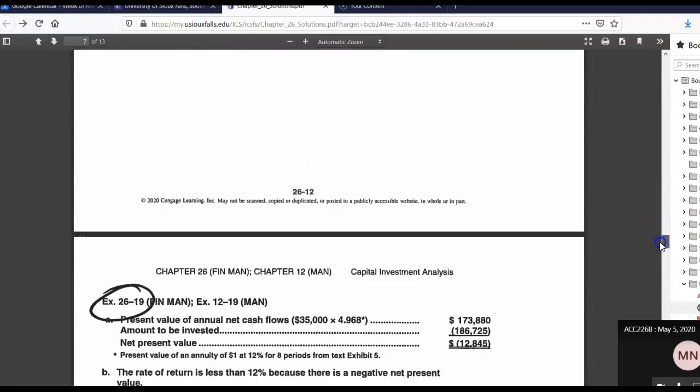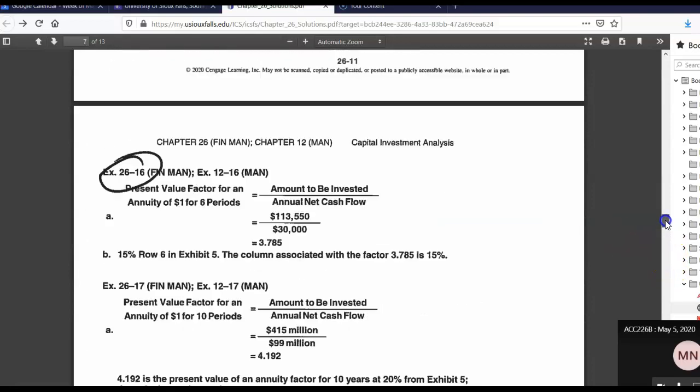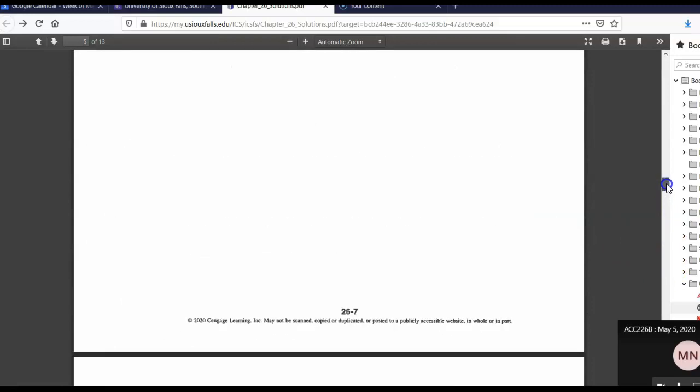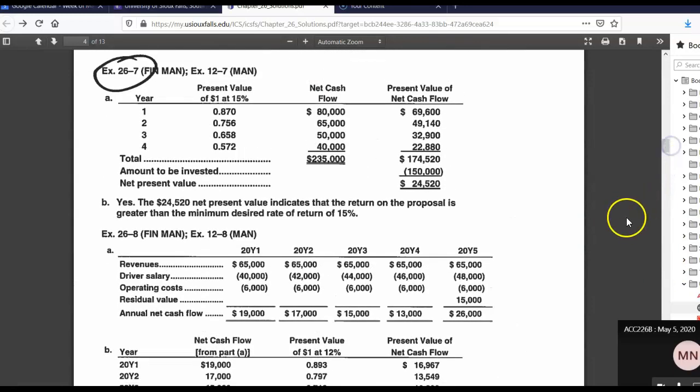So then if we go to 19, all they're asking for you to do here is 2 things: net present value and internal rate of return. Both of those factor in the time value of money. Well, I'm going to scroll back to what we did last time. So if you look back, like in this exercise here, this net present value calculation, this is the same no matter how we do it.